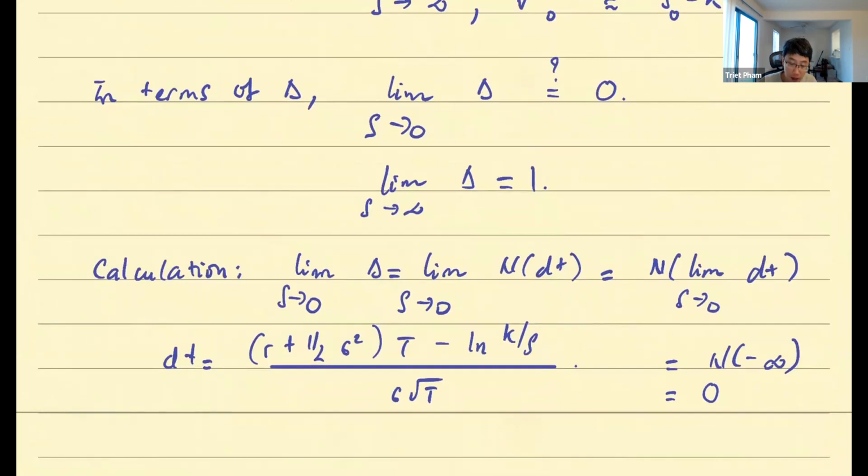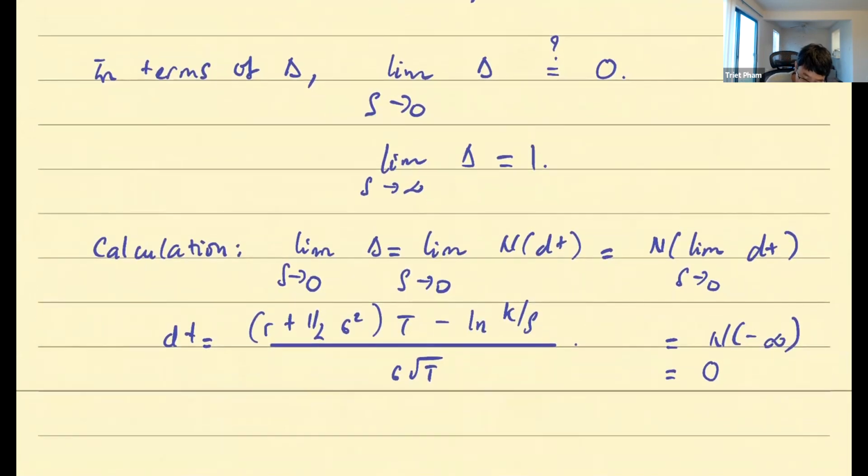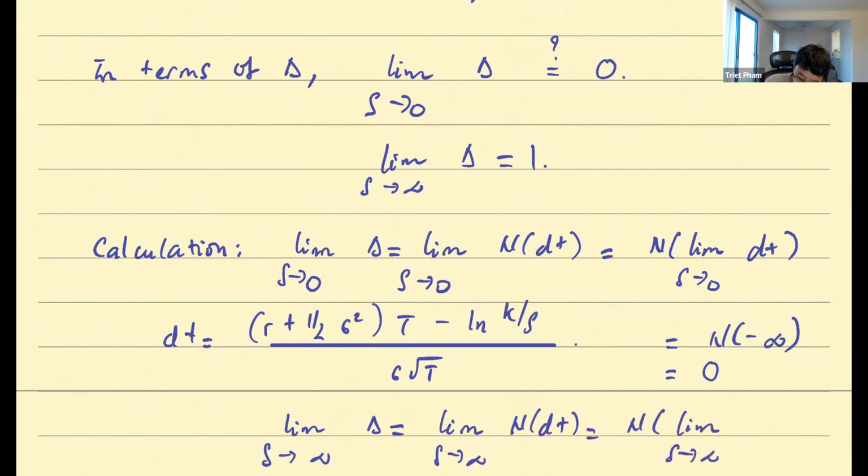Similarly, you see that the same thing happens when we push S to infinity. What happens is this is N, like this. But let's see, if S goes to infinity, then this guy goes to 0. What is the natural log evaluated at 0 or close to 0? Remember, the log function has this kind of shape.